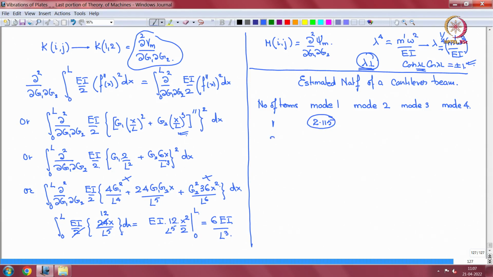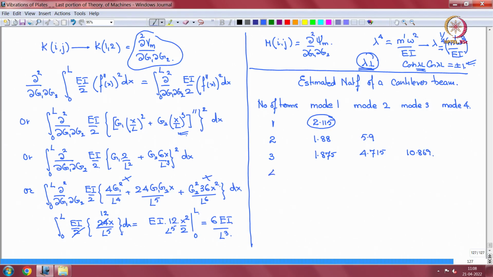If you take 2 terms, then you get 1.88. It's a better estimate, and you get one estimate of the second. If you use 3 terms, you get 1.875, which is almost there. Then you get an estimate of the next two, 4.715 and 10.869.